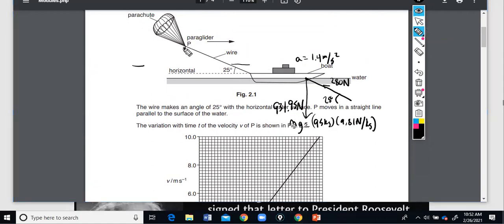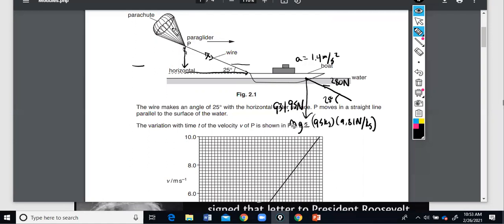So this paraglider has weight, okay, that's acting down. The tension in the wire pulls the person along this way. Imagine if you cut that, what would happen?